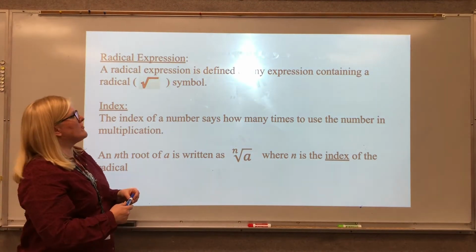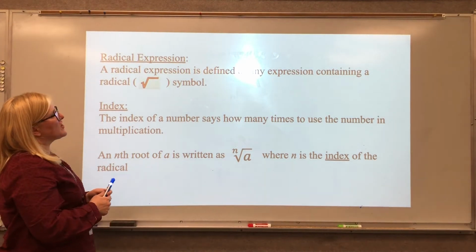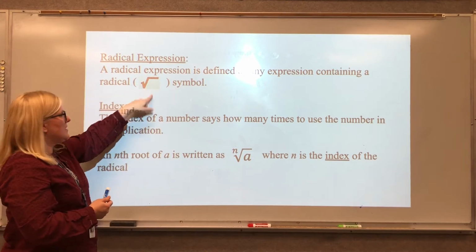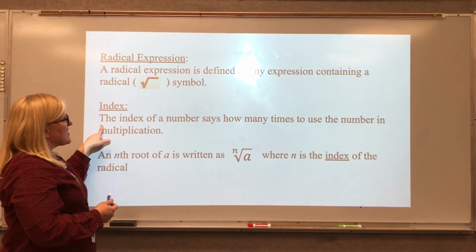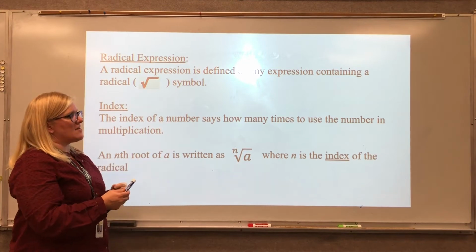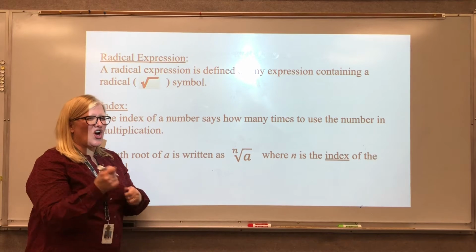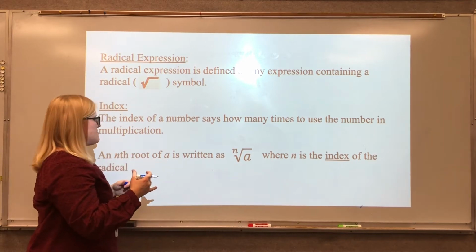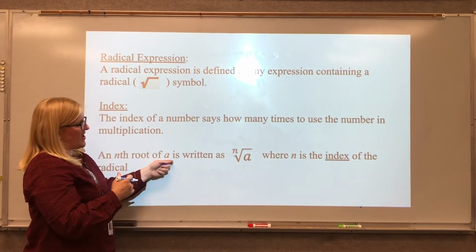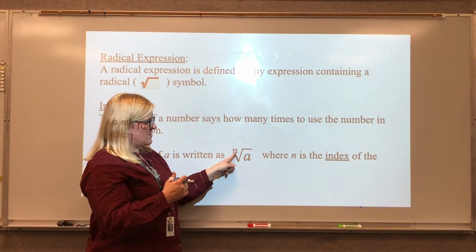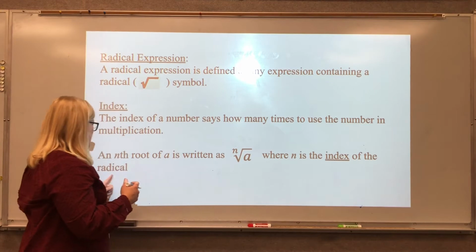Okay, so just a couple of vocabulary words. A radical expression is defined as any expression containing a radical symbol. Okay, and the index of a number says how many times to use the number in multiplication. And that's kind of a hard definition. It says an nth root of a is written as, the n is right here, where n is the index of the radical.